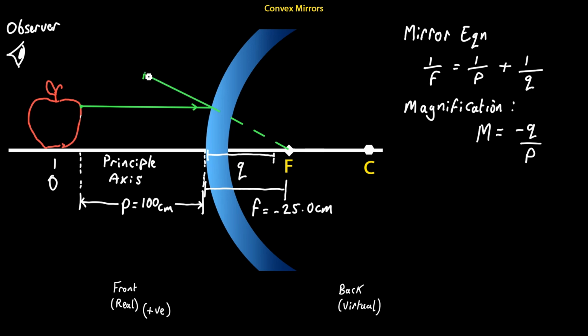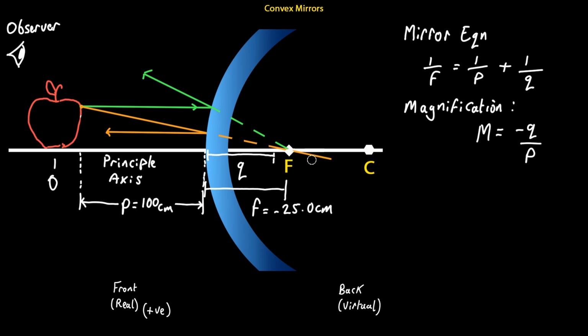The second ray starts from the same point on the apple, or on our object, but is directed towards the focal point. Now it never reaches the focal point because it gets reflected from the mirror. And when it gets reflected from the mirror, the reflected ray is horizontal to the principal axis.